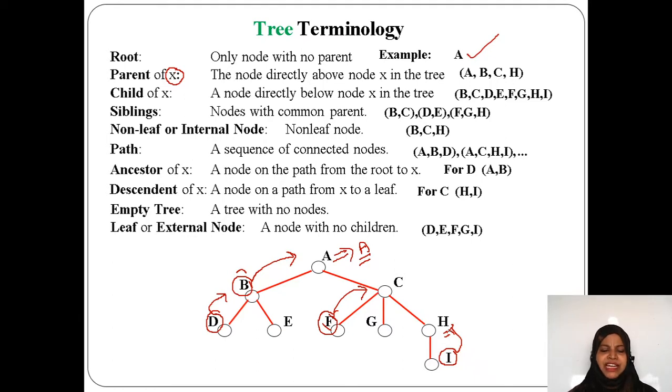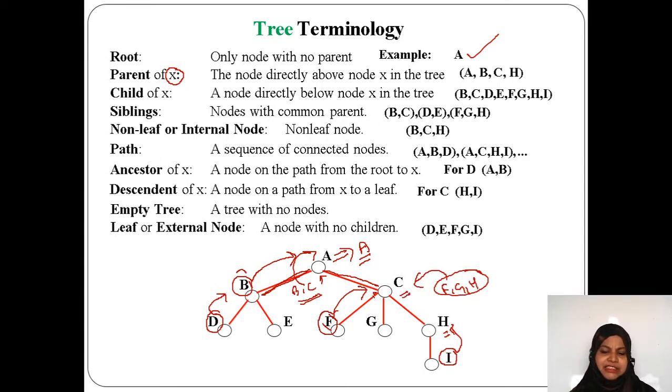Child of X means a node directly below the node X in the tree. For example, here for this node A, who are the child nodes? B, C are children of A. Why? Because these are directly below A. See here in this case, F, G, H. These 3 are children of C. Why?